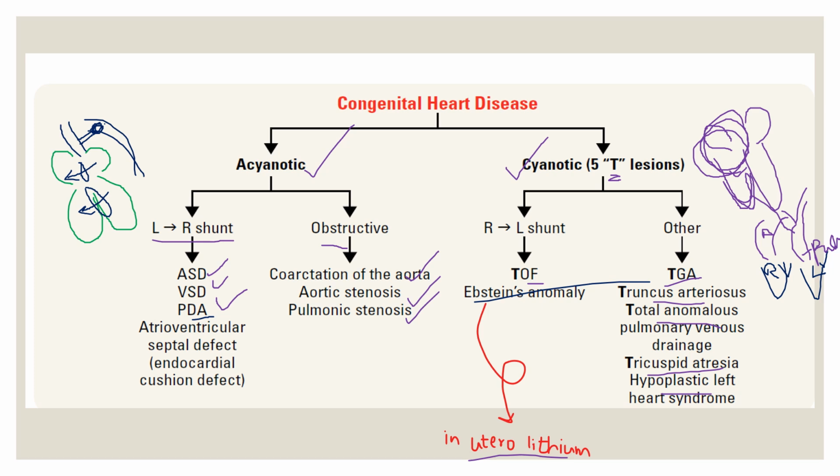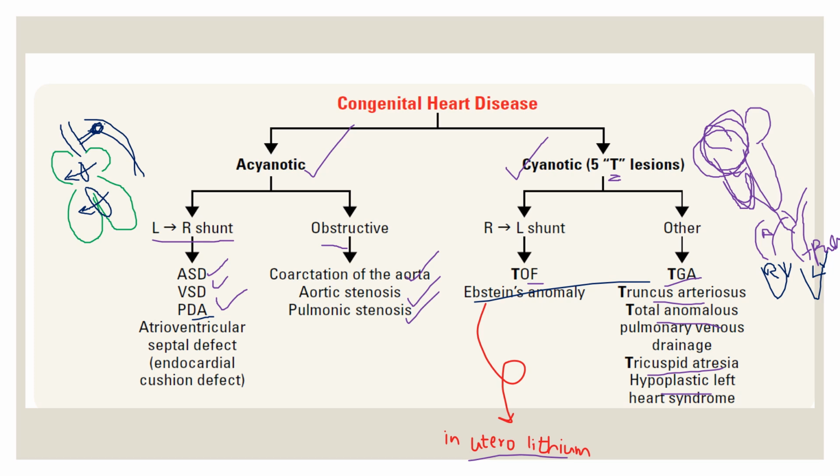Now what happens in the left side? The lungs will have blood taken via the pulmonary vein to the left atrium and then to the left ventricle, but the left ventricle, which has to actually open to the aorta, now opens to the pulmonary artery, which is taking blood back to the lungs.